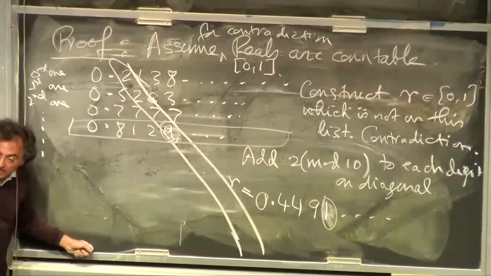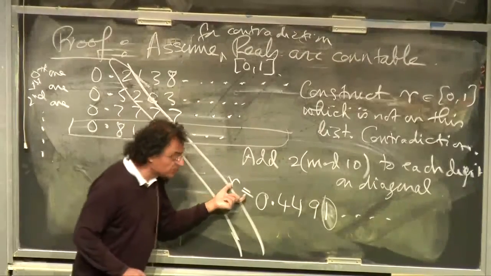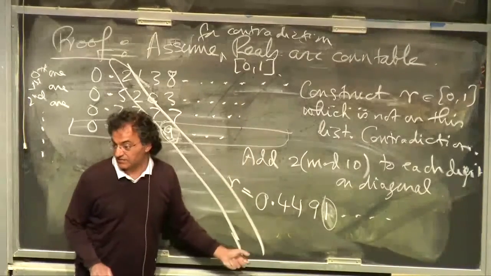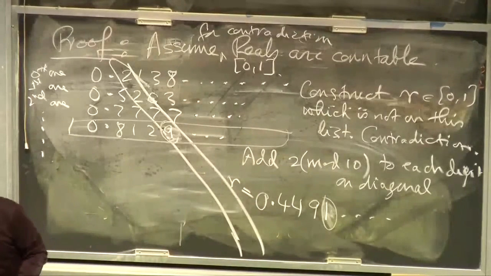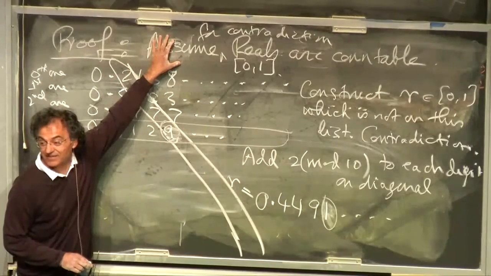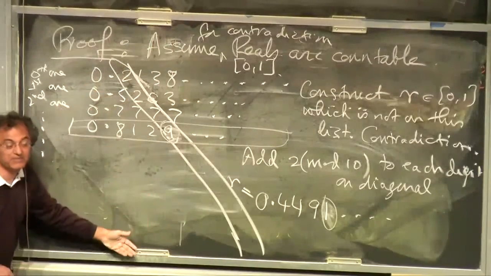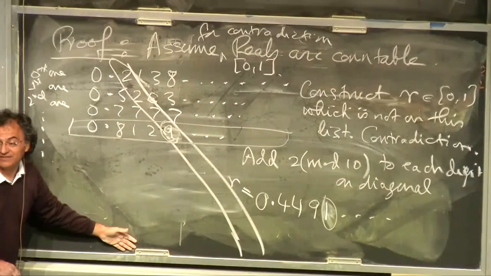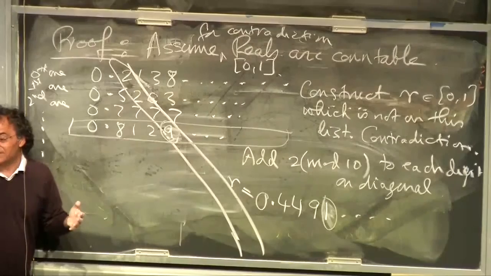Having made that assumption, we showed that there's a new real number which doesn't fit on this list. And then we said, what could go wrong? Well, what must have gone wrong is that this assumption was false. Which means that you just cannot list all the real numbers between 0 and 1 this way, which means that there's no bijection between them and the natural numbers.